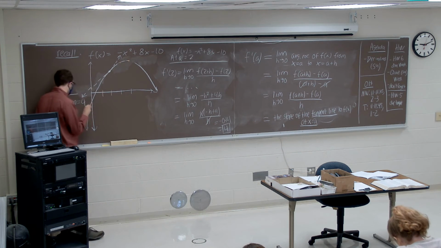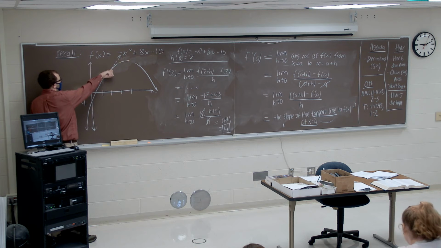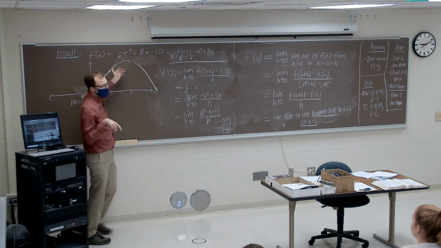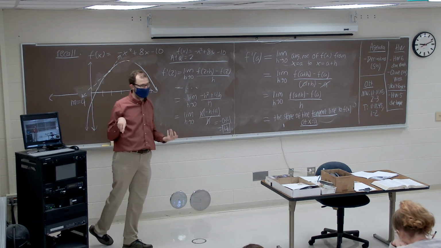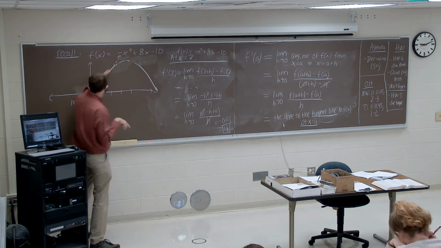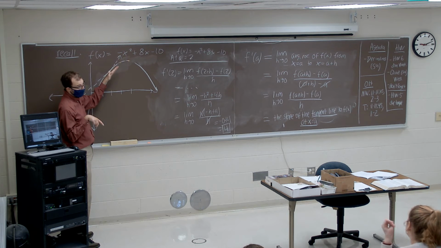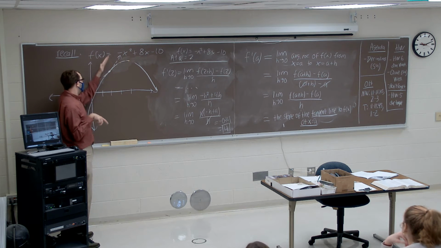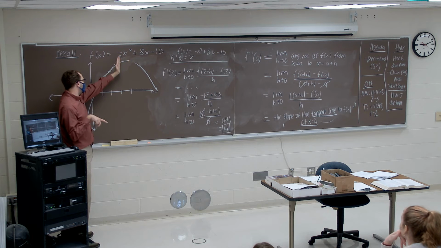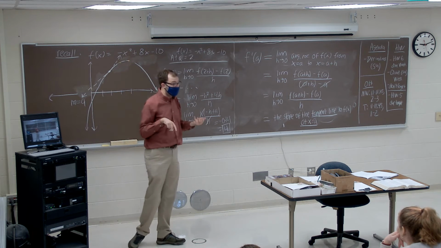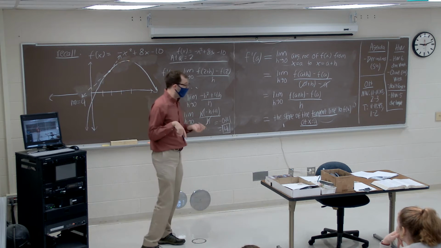So by computing this, the line and the function itself have the same slope. They're increasing at the same rate at the point x equals 2 itself. Although if we go to the right of x equals 2 or to the left of x equals 2, this tangent line is going to be changing differently from how the function is changing.